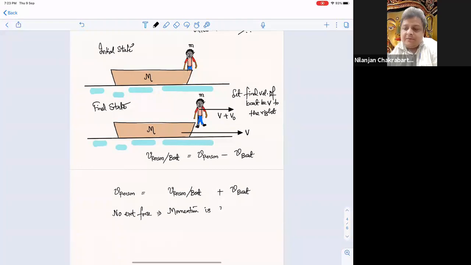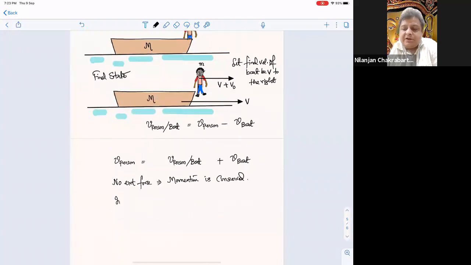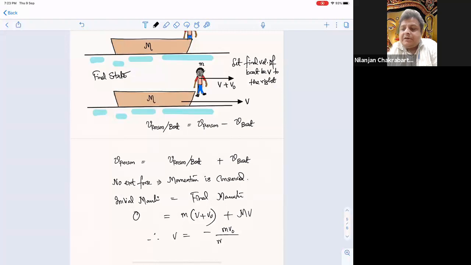We have proved conservation of linear momentum before. So initial momentum equals final momentum. Initial momentum is 0. Final momentum: for the person it is m times (v plus v naught), and for the boat it is capital M times v. That implies v is equal to minus m v naught by (m plus capital M).